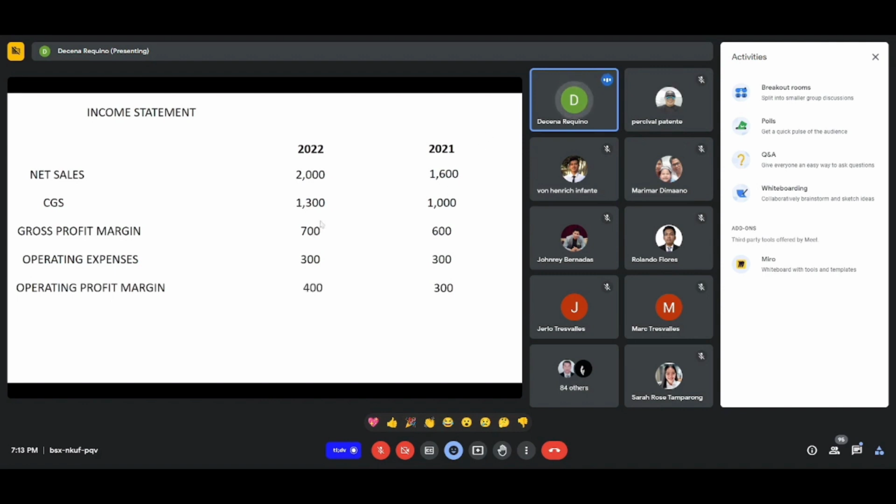Bali, gross profit less operating expenses. And then kung may mga interest and tax charges, doon sa given na sample, merong 200 noong 2021 and 220 ng 2022. Makukuha natin yung net profit na 100 sa 2021 and 180 sa 2022.